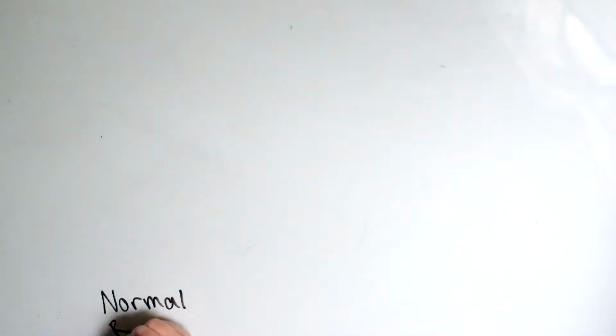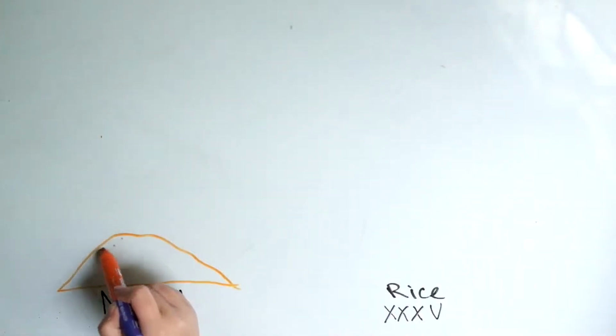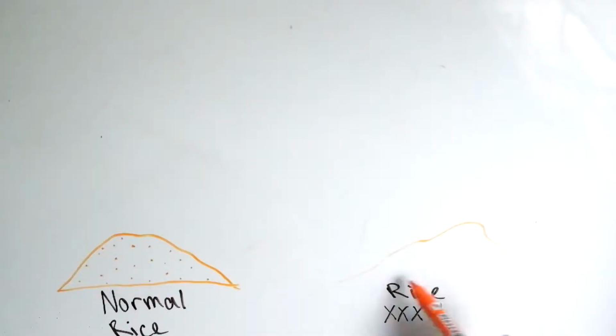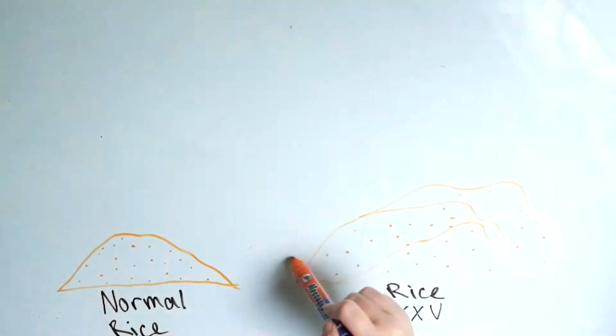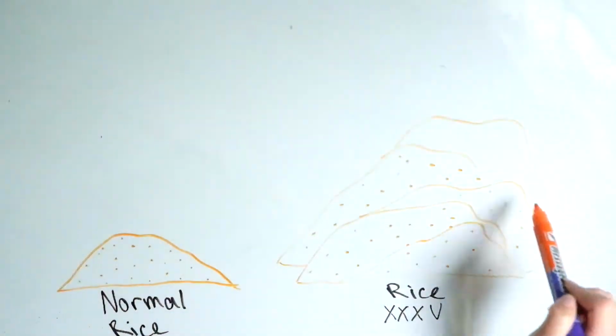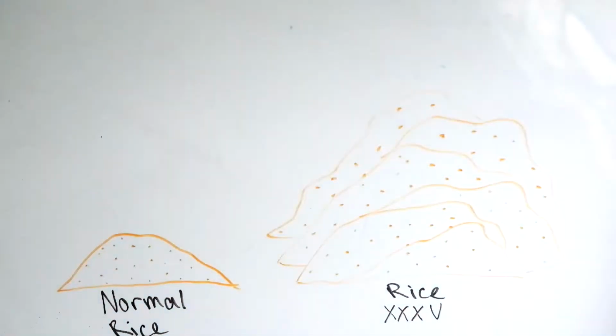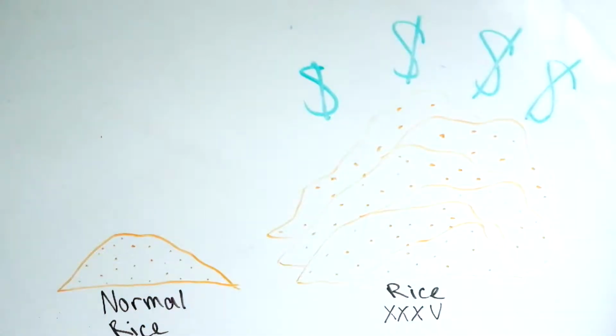Not to mention that on average, normal rice makes about 1 ton of grain per square mile, whereas our rice makes 7 tons per square mile. This results in a lot more profit.